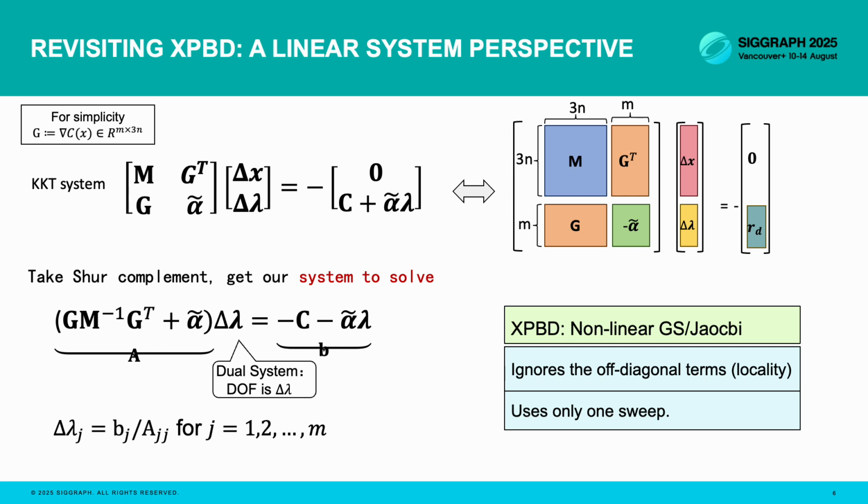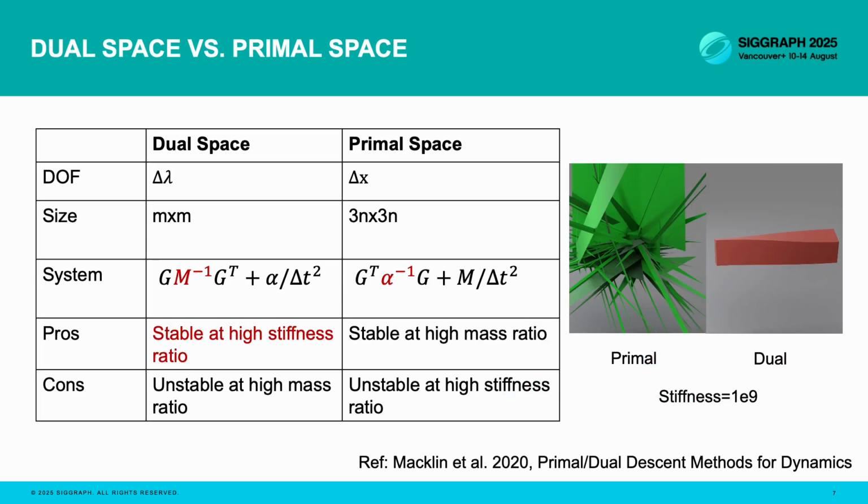Compared to standard Gauss-Seidel or Jacobi, it makes two simplifications. First, it ignores off-diagonal terms, making it a purely local solver. Second, it uses a single sweep to solve the linear system. This makes each XPBD step extremely cheap, but causes convergence failures in challenging scenarios.